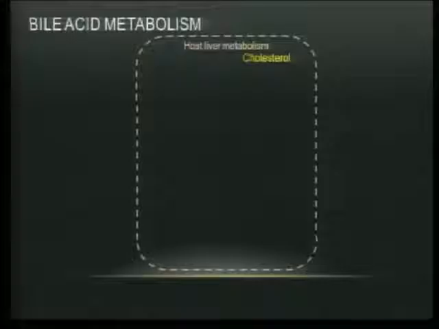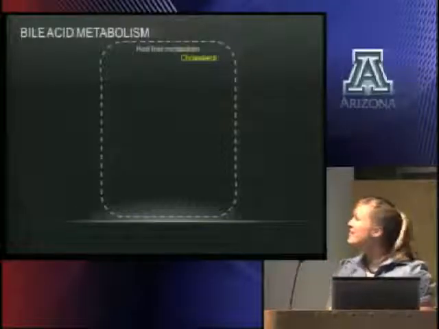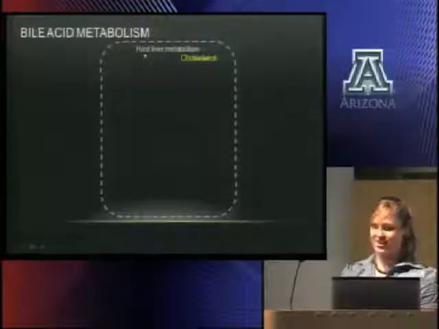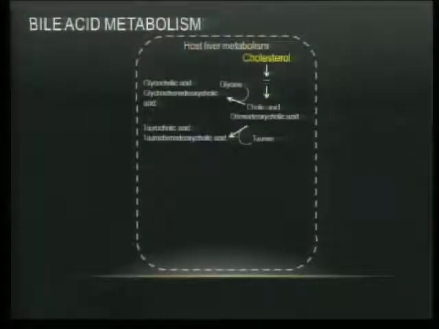And so we'll start with bile acids, since that's Patty's favorite. And so this pink line is the liver. And we start with cholesterol. Cholesterol is metabolized to cholic acid and chenodeoxycholic acid, which are the major bile acids. And then they're conjugated with glycine and taurine.